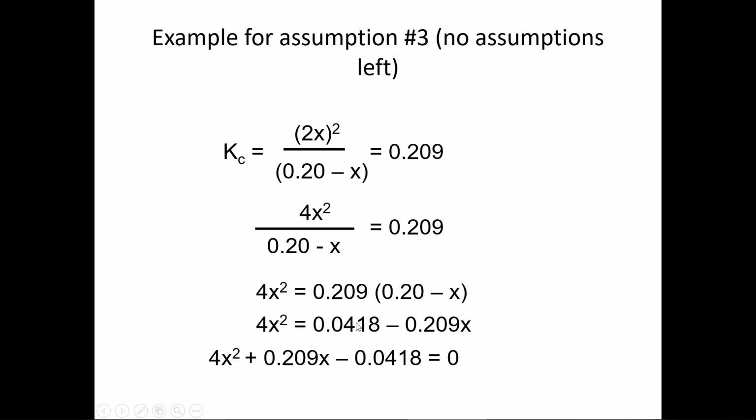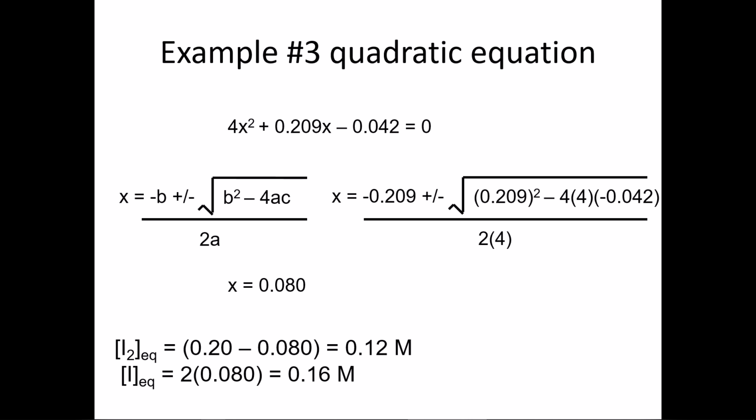Now we have to multiply over, we have to FOIL or distribute out our 0.209, and we get a quadratic function. Alright, and here we can use our quadratic formula to solve it, or a graphing calculator to find the intercepts. Alright, so here's working out the quadratic formula over here, filling in our A, our B, and our C values to get our x.